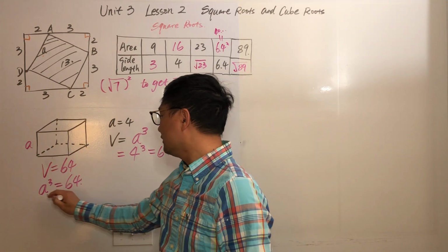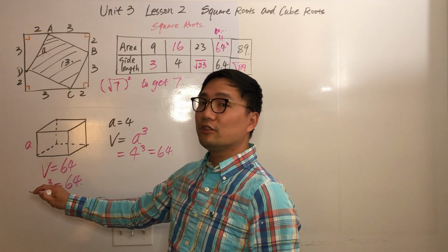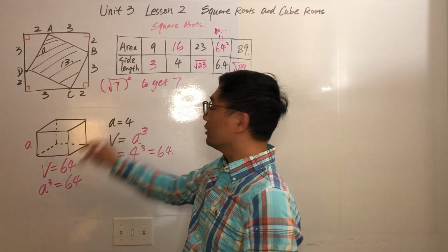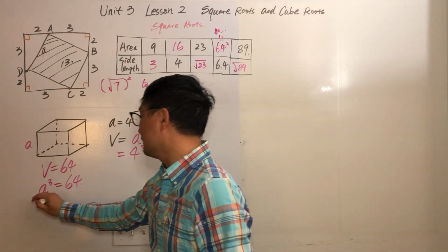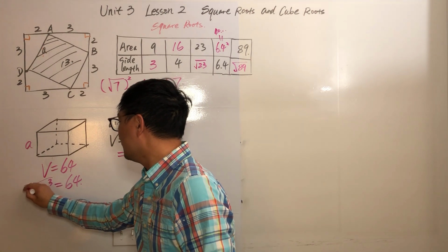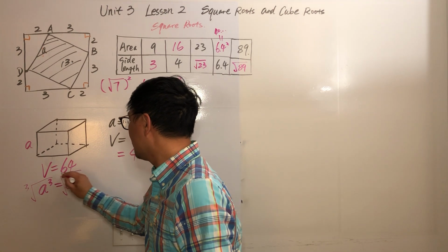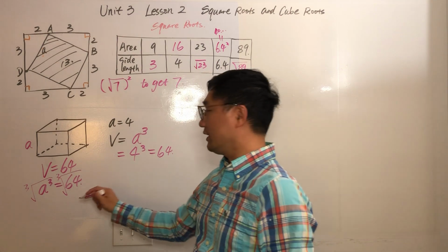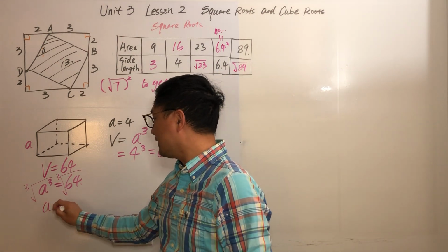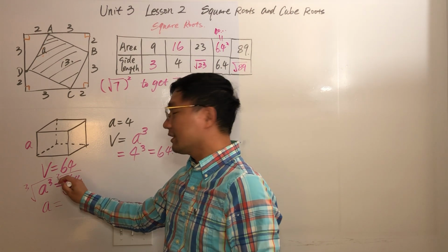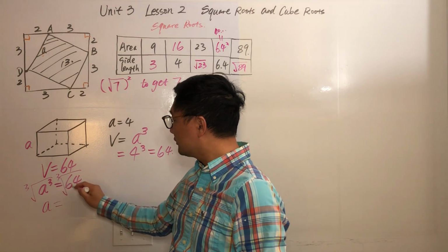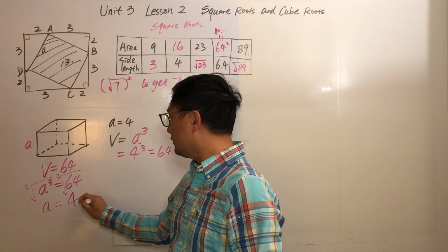You just need to cube root both sides to get the side length. So you cube root both sides to get A. After you do that, A is the cube root of 64, which is 4, okay?